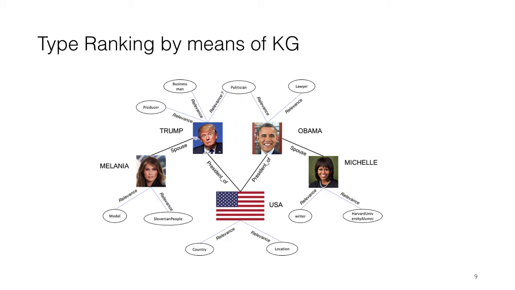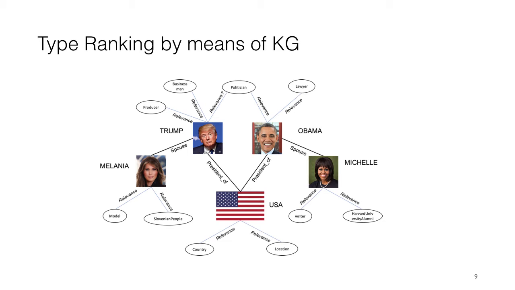Okay. In this work, we address the entity type ranking problem by means of knowledge graph embedding models. We show that entity type ranking can be seen as a special case of the knowledge completion problem. So we had to construct a knowledge graph which also contains entity type information.